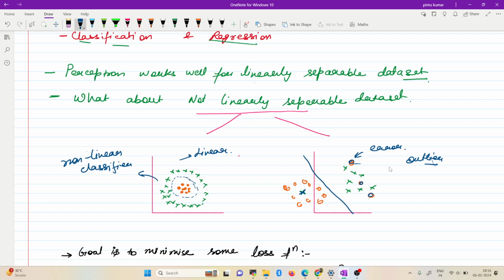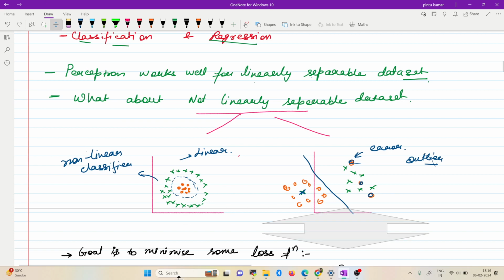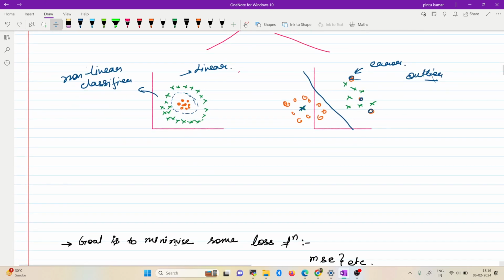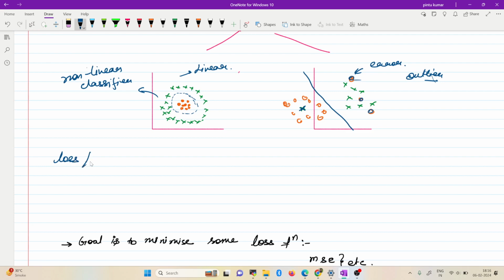Okay, so to quantify this, we define something called loss or error on our training data set. This will be defined on our training data set. Let's say loss is defined so that you count the number of errors made.